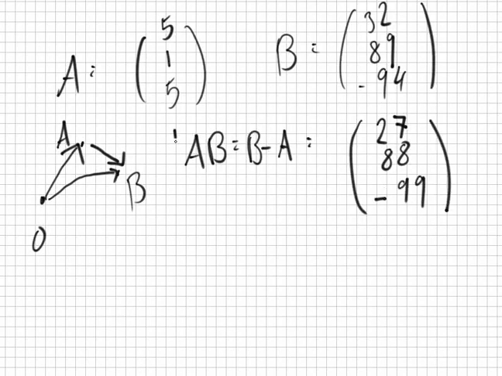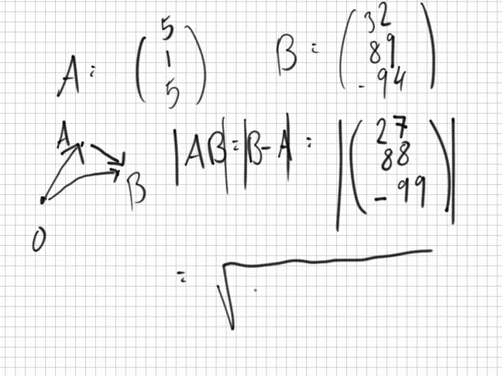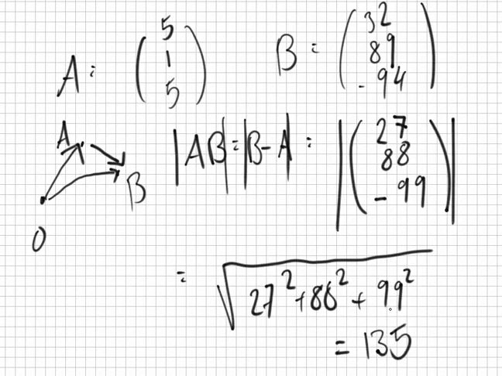And the length of this, the magnitude of it, would be square root 27 squared plus 88 squared plus 99 squared. The minus is not important because it will be squared. So what is that, Hassan? 135.18. So 135 then.